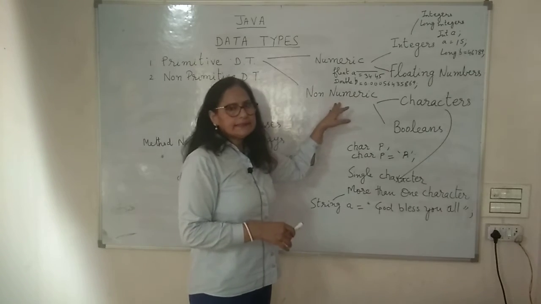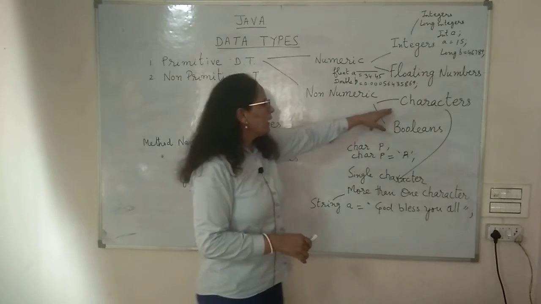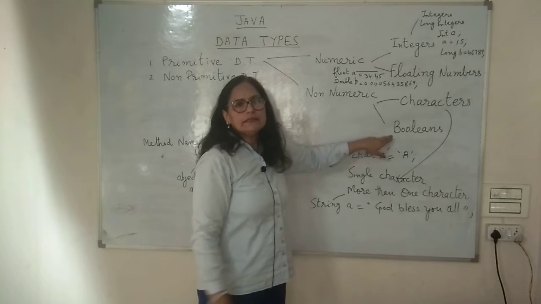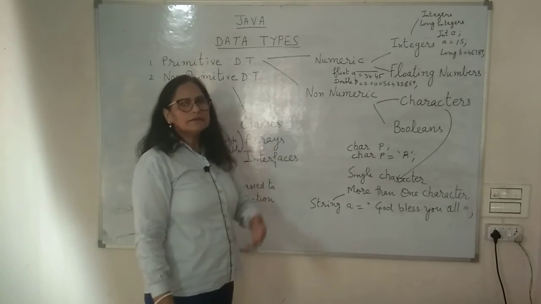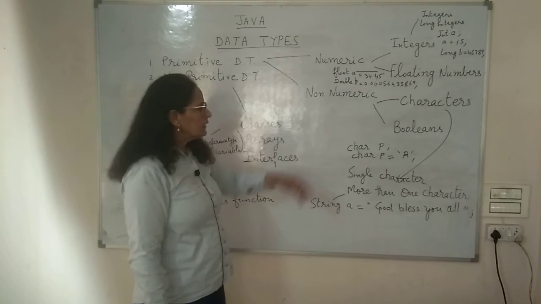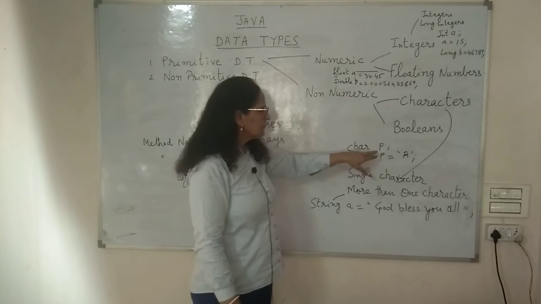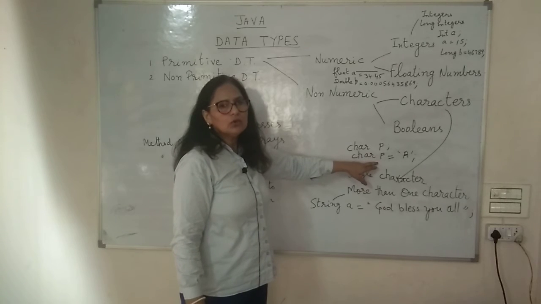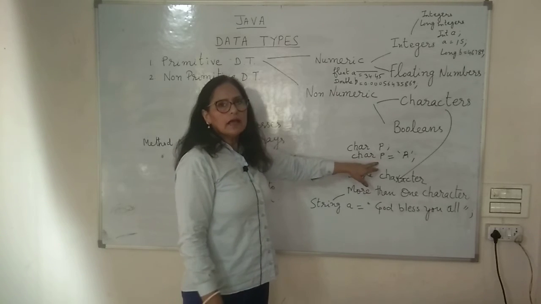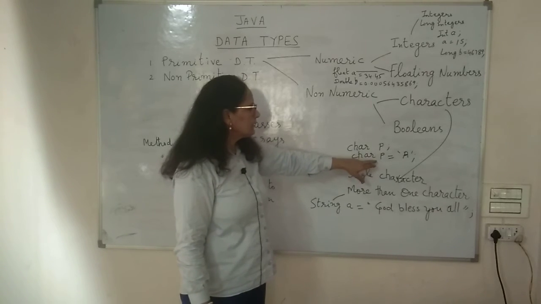As the name suggests, here no numbers will be there. Here the characters and booleans will be there. Character, again you all know who have done other languages already. Character means these types of characters which we have on the keyboard, small alphabets and capital.